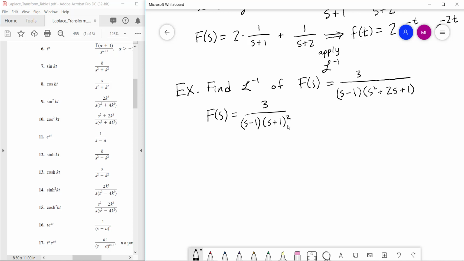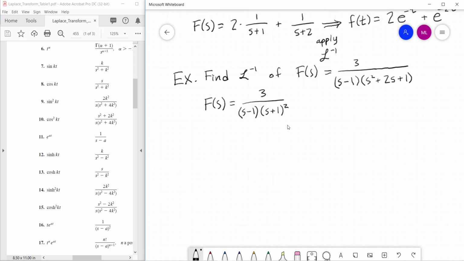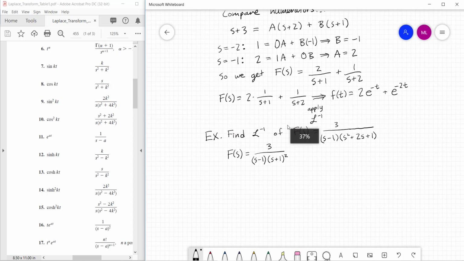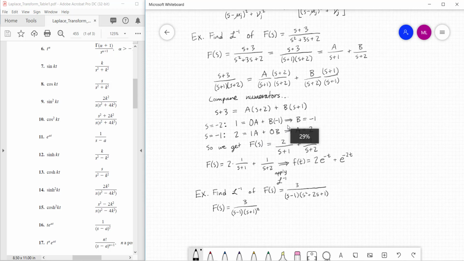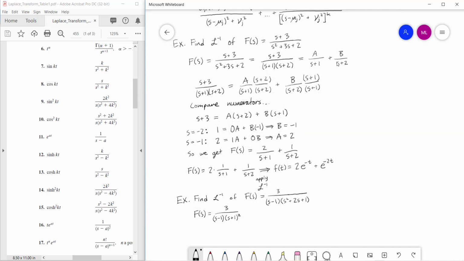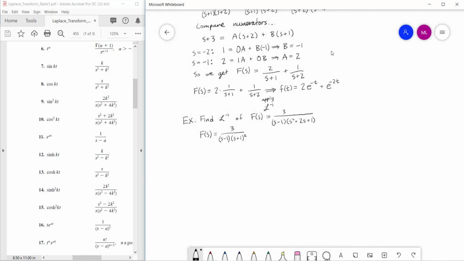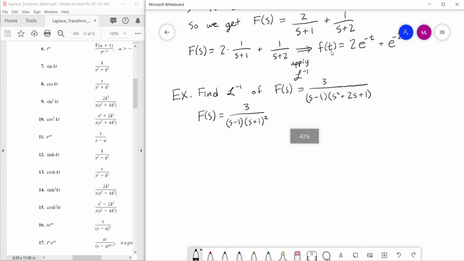So how would we split this one up? So again, we need to do partial fractions. And the way that we would do this is similar to what we did here. So our goal is to guess the correct form. Can we guess the correct form that this should take? For any distinct linear factor, so this one's distinct, we can guess simply a constant over that number.